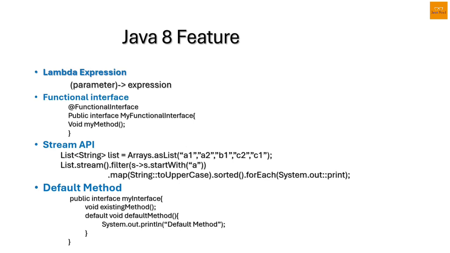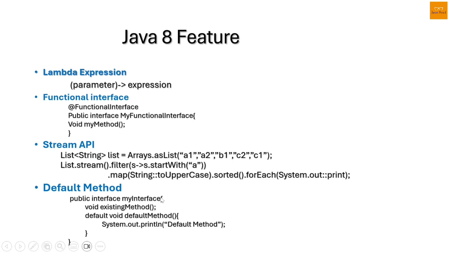Now, coming to the next feature, which is default method. Default methods allow us to add new methods to an interface without affecting the classes that implement those interfaces. Suppose a few classes implement my interface; if I add a default method, it will not impact any of the classes implementing this interface.